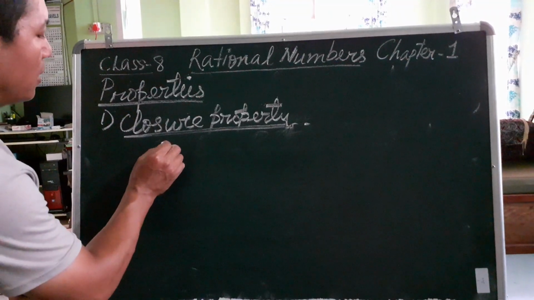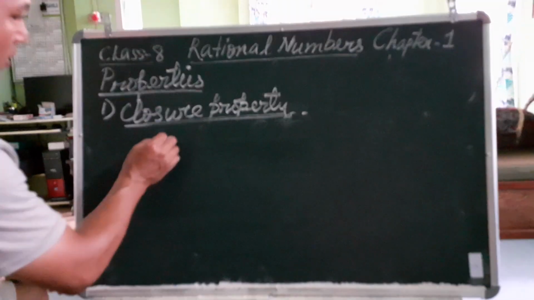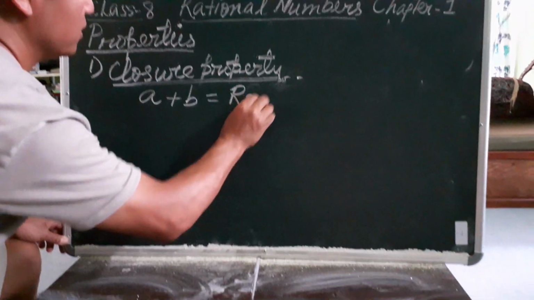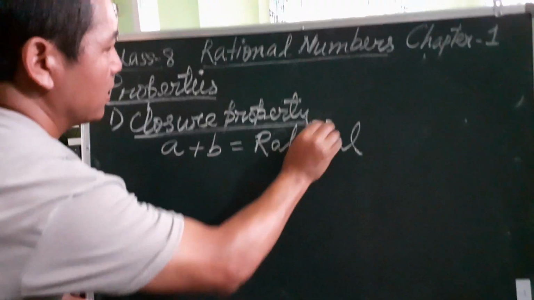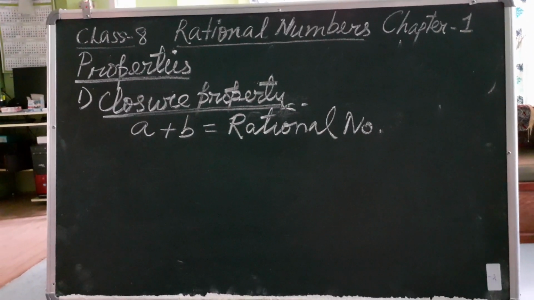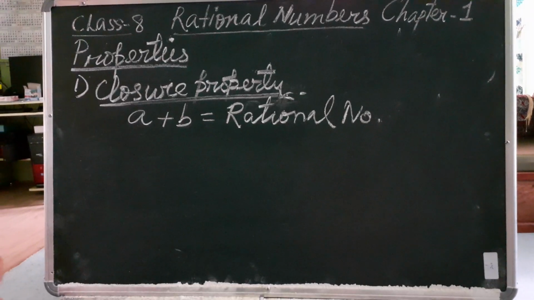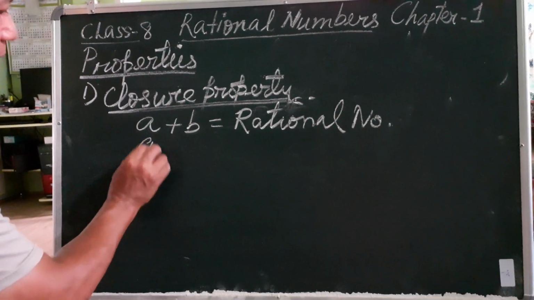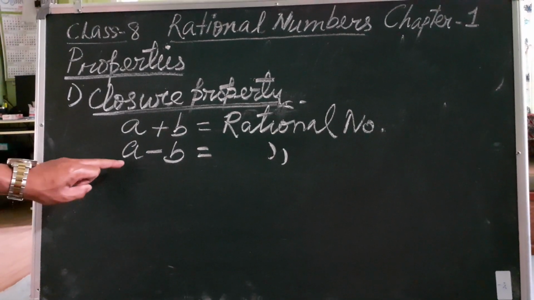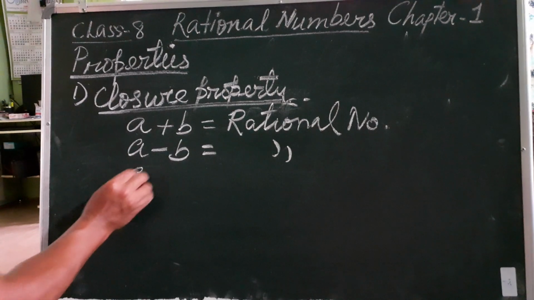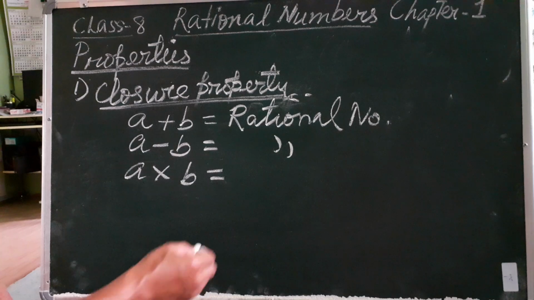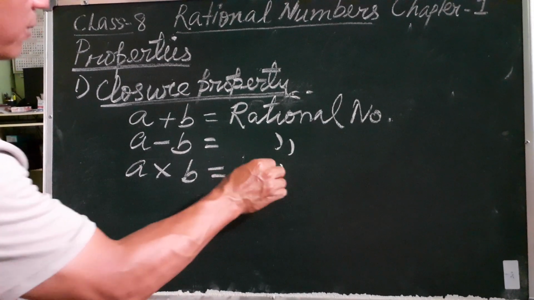A and b are rational numbers. Then a plus b is a rational number. This is called closure property of addition. And a minus b gives a rational number. This is called closure property of subtraction. And a into b, a multiplied with b, gives another rational number.